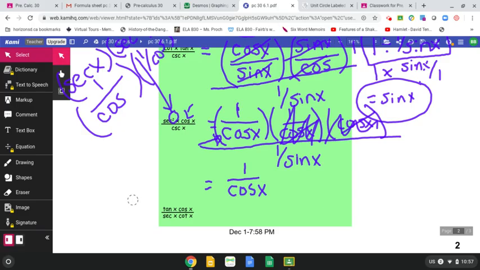Where'd that go? Uh-oh. Miss Burchard shouldn't have hit that X. Okay, that's okay. I'll use this. Where do you guys think it went?